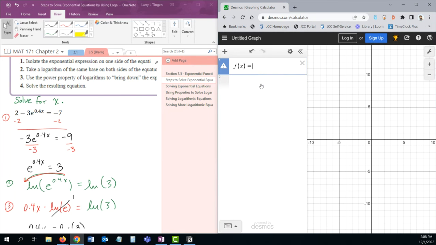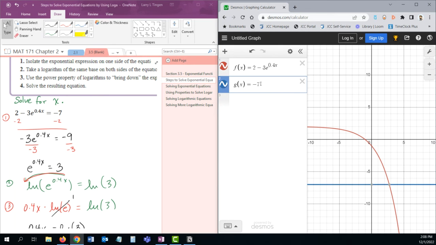So I let the left-hand side be f of x, 2 minus 3e to the 0.4x. And then the right-hand side is -7. All right. Now, if I were to do this by hand, I would be plugging in a value for x and then solving, or I'd be breaking that down, multiplied by 0.4 raised to the e times 3, all that stuff.